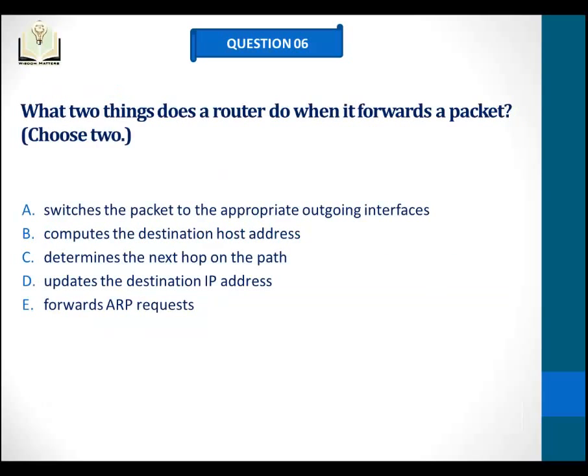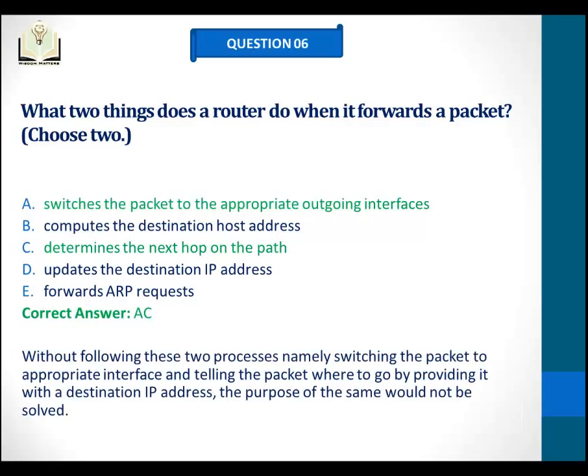Question 6. What two things does a router do when it forwards a packet? Choose two. A. Switches the packet to the appropriate outgoing interfaces. B. Computes the destination host address. C. Determines the next hop on the path. D. Updates the destination IP address. E. Forwards ARP request.